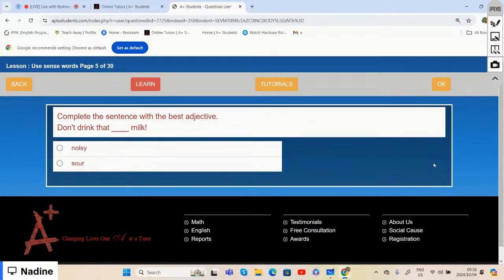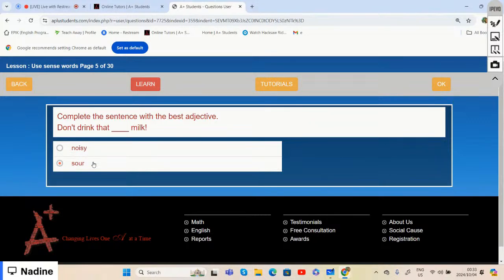So noisy or sour. And if we were to choose the correct option, we will say, don't drink that sour milk, because remember, we're going based on taste.